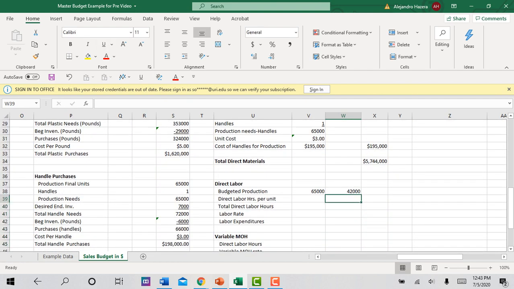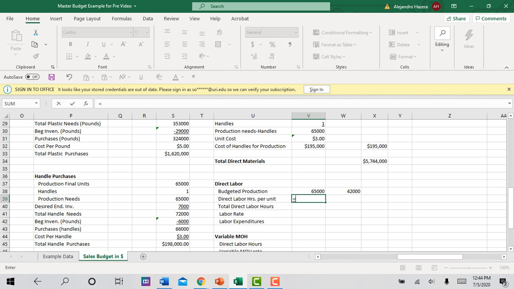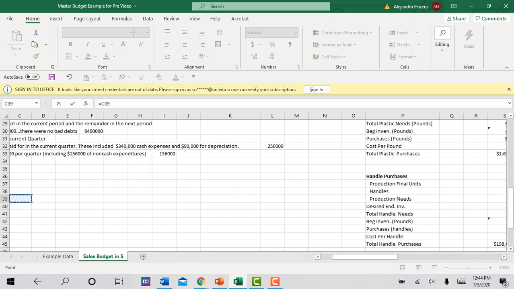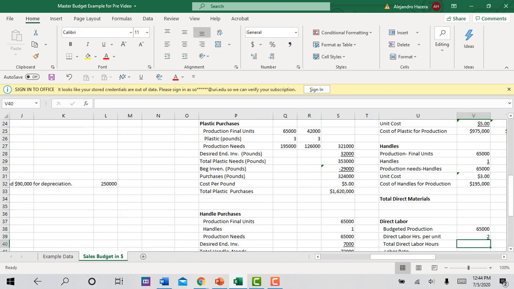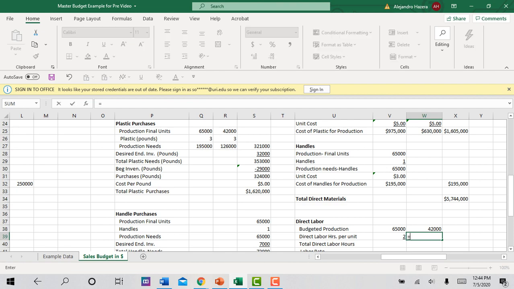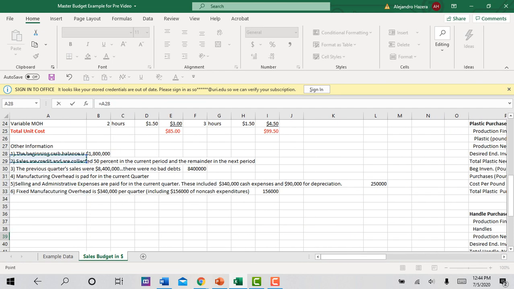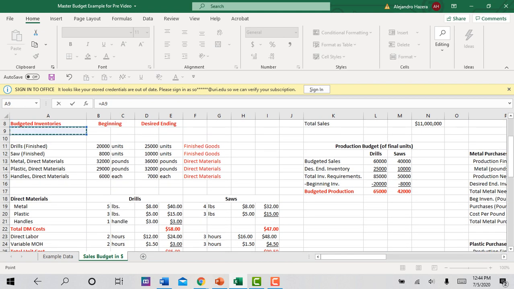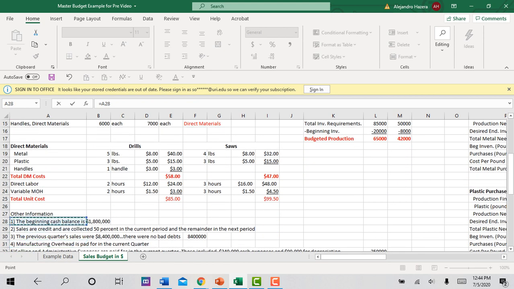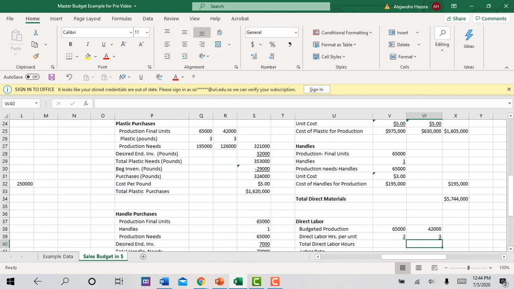Now, since this is direct labor, we have to compute the direct labor hours. We're going to need the direct labor hours that go into each one. And you just go over to your standard cost cards over here. For drills, go down here to direct labor. We're going to have 2 hours that go into each drill. And for saws, for direct labor, we're going to have 3 hours that go into each saw.